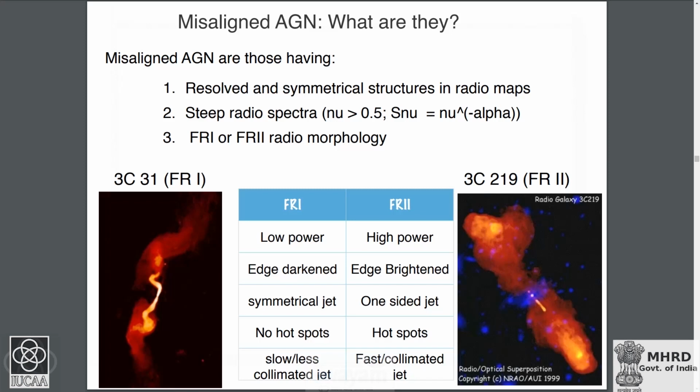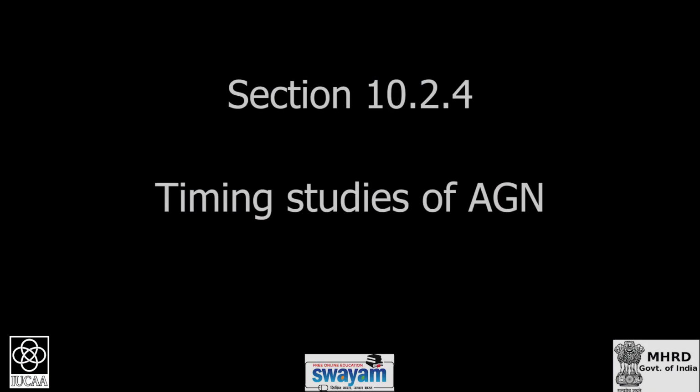What is shown on the left is a typical radio image of a Fanaroff-Riley class 1 source, and what is shown on the right is an example of an FR2 type radio source. In the table below, I give the differences between these two categories of sources. They are named after the two people who made this discovery, Fanaroff and Riley.